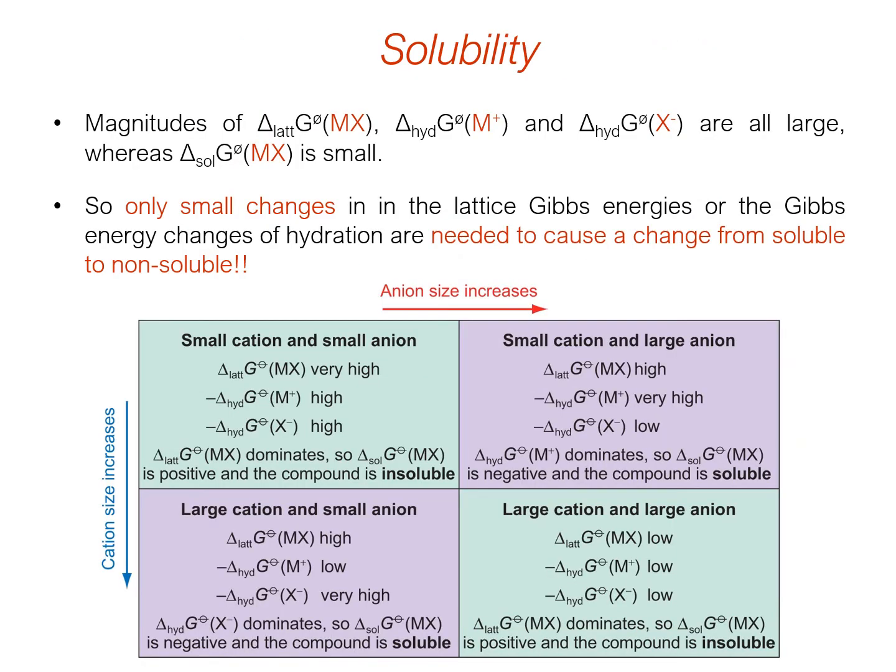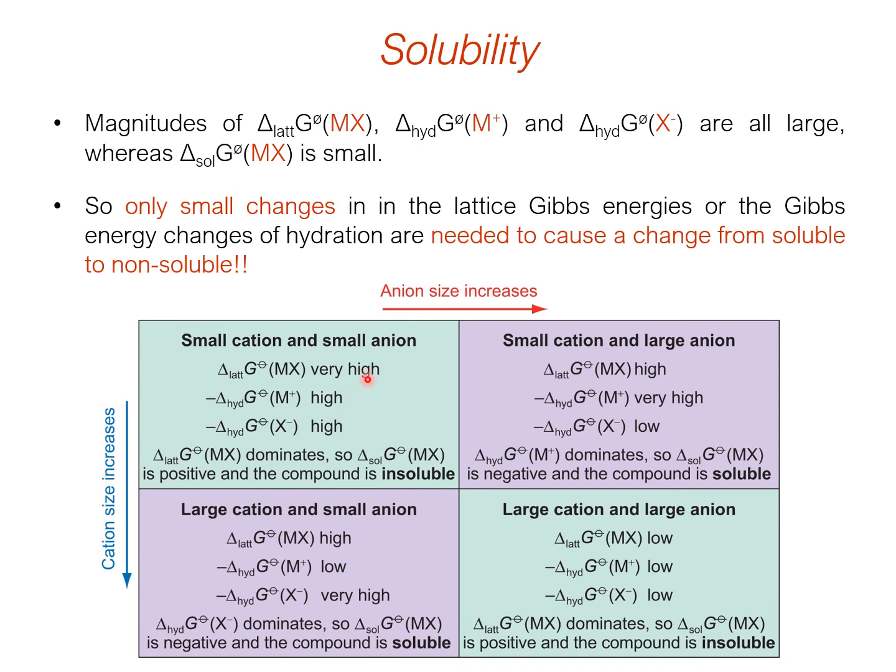And I've got this table here to summarise the effects of all of these. So we've got the points that are important so far at the top. The magnitudes of lattice and hydration energies are all large. Remember, lattice is positive and hydration energies are negative, whereas the solvation energy is small. And this means small changes in any of these three terms cause a change from soluble to non-soluble. So if you take the case of small cation and small anion, you remember from the trends that this leads to an insoluble compound.